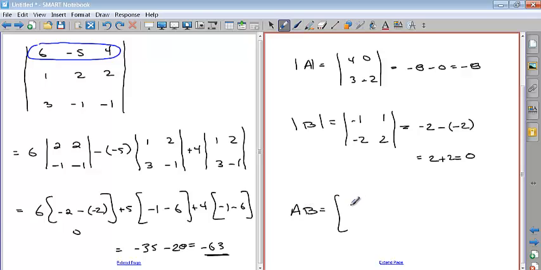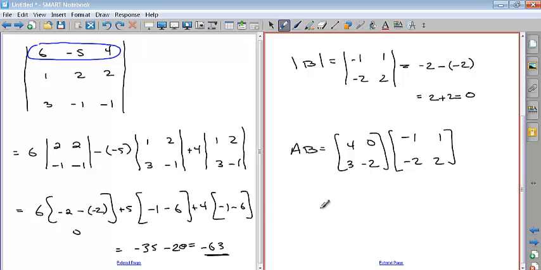So what we have is A was 4, 0, 3, negative 2. B is negative 1, 1, negative 2, 2. And we should end up with a 2 by 2 matrix.